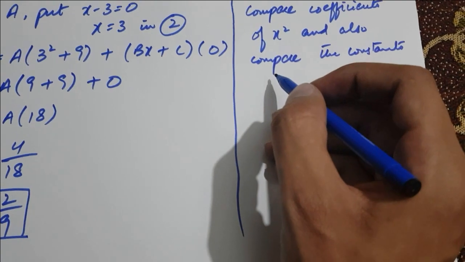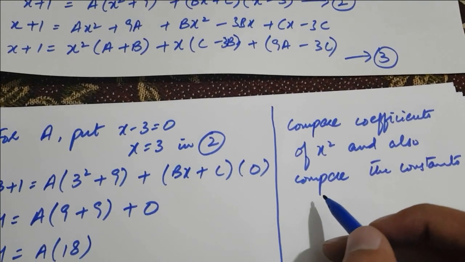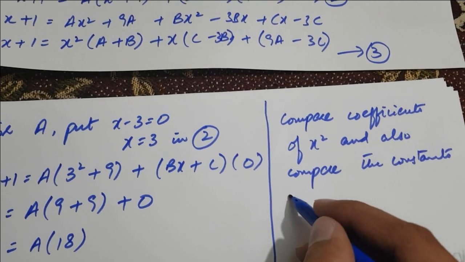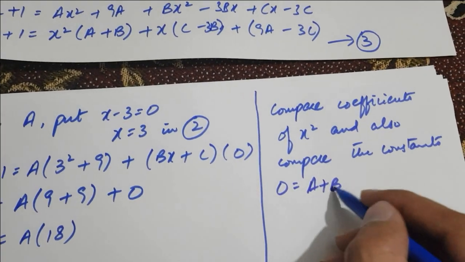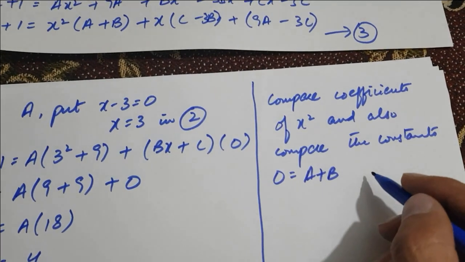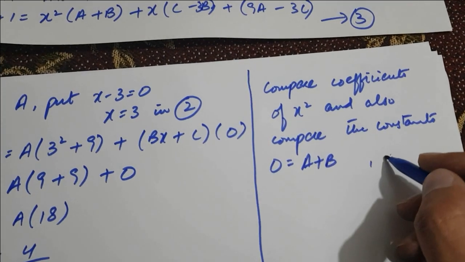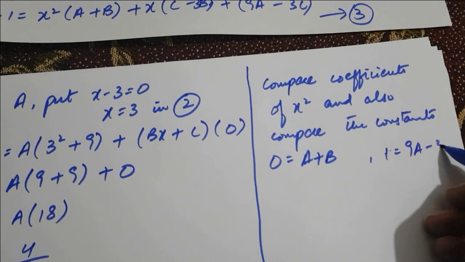Comparing the coefficient of x squared, we get 0 equals A plus B, and while comparing the constants, we get 1 equals 9A minus 3C.